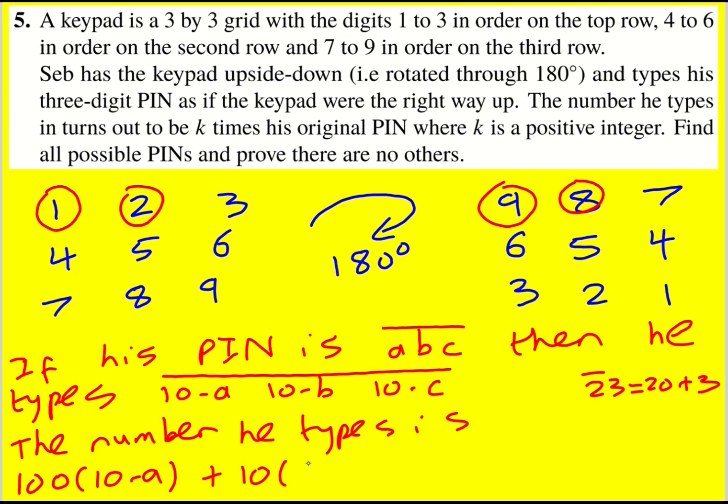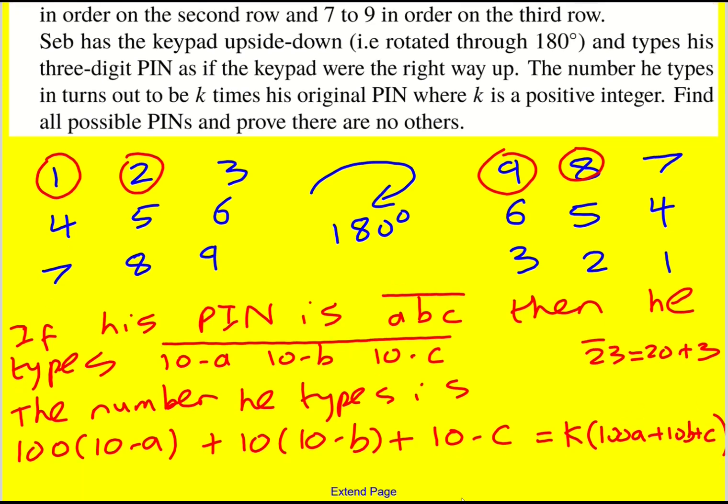Plus 10 times 10 minus B plus 10 minus C. And that is then going to equal K times 100A plus 10B plus C. We've got ourselves an equation to solve.